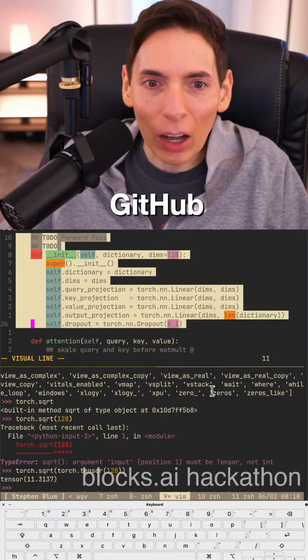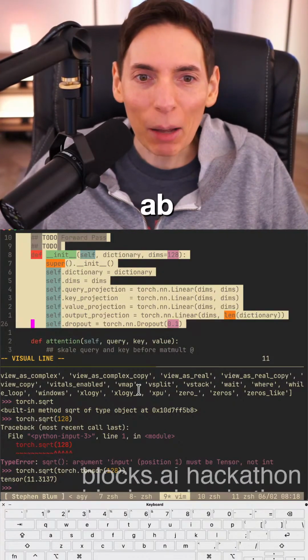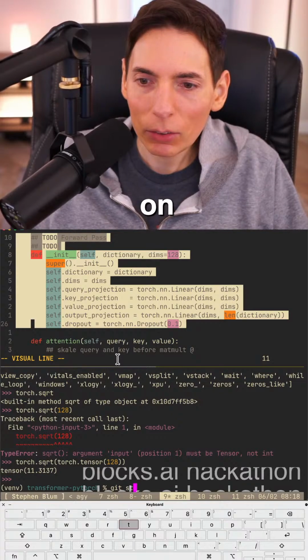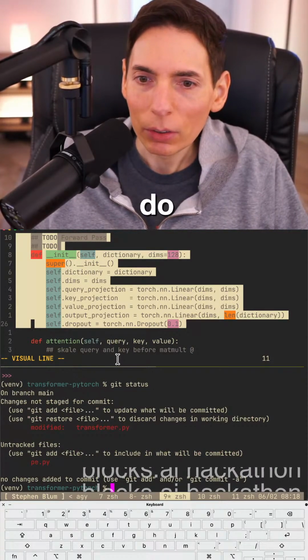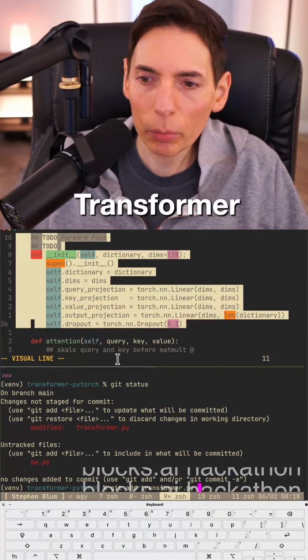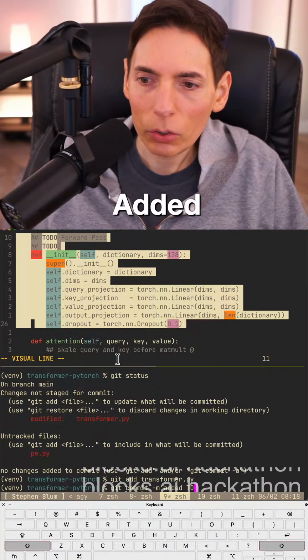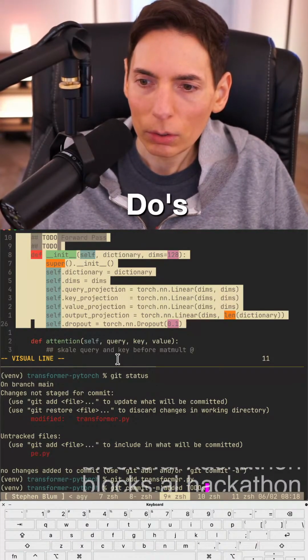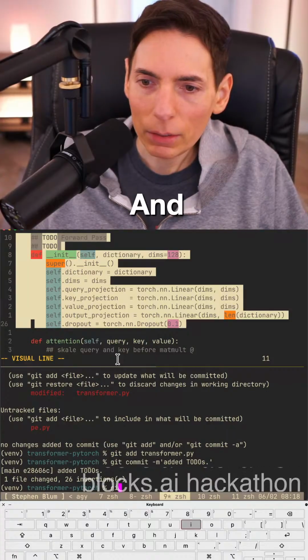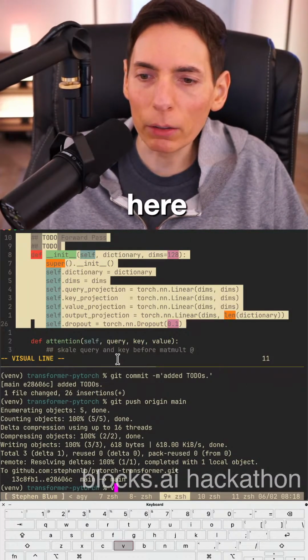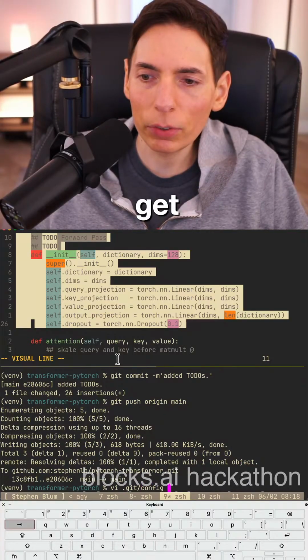Can you share in GitHub? Absolutely. Well, do we have this on git status? Yes, we do. So git add transformer, git commit, added to-dos. Okay. And then git push origin main. And then let's see where we're at here. vi .git/config.